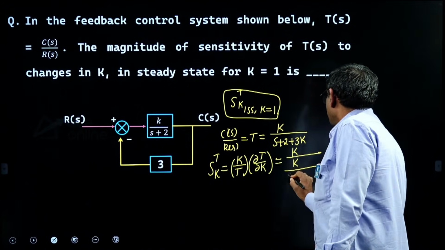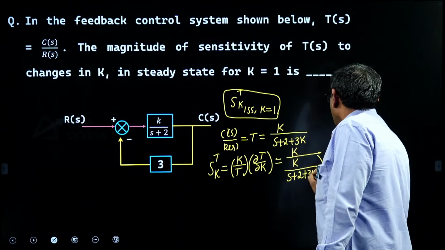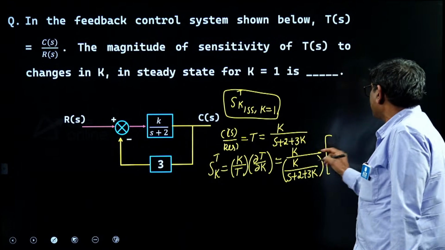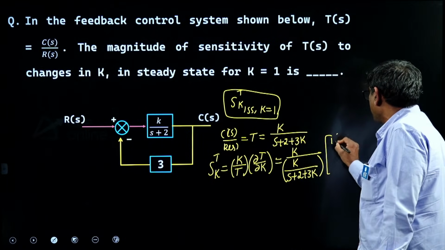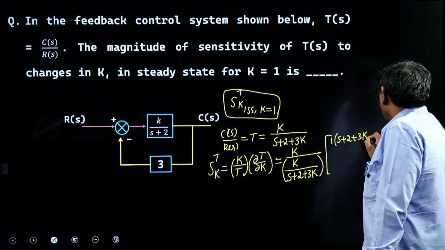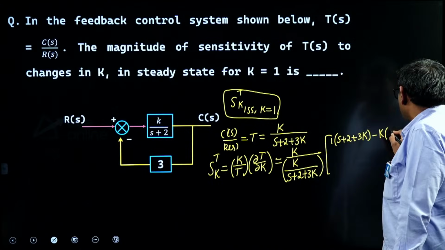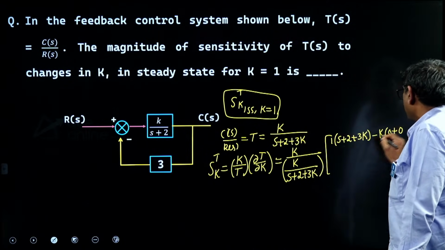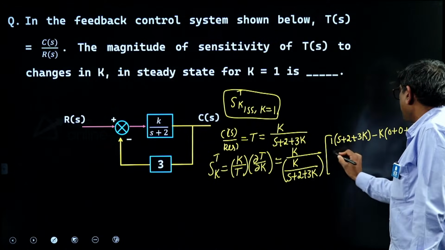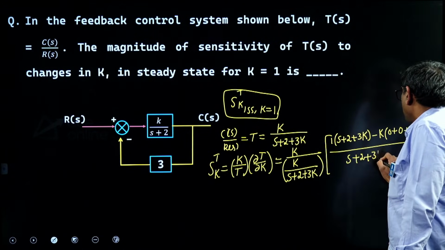K by (s plus 2 plus 3K) into dou T by dou K. So, U dash, if you do it, U dash becomes 1 into (s plus 2 plus 3K) minus U into V dash, that is 0 plus 3 because K will be constant, divided by (s plus 2 plus 3K) whole square.